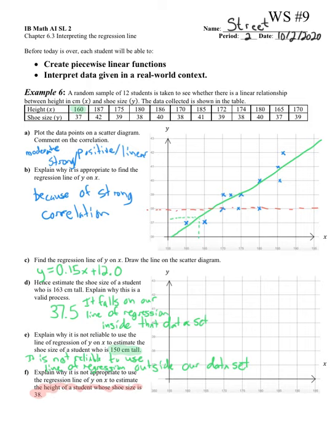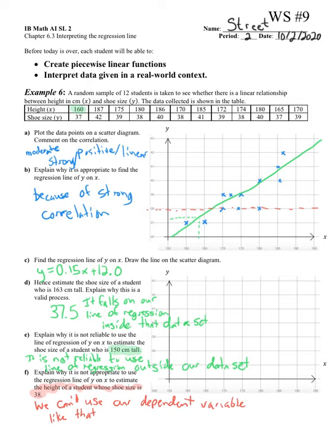So that's the key for this last one. We can't use our dependent variable like that. So that's kind of the key for this particular part of the problem.